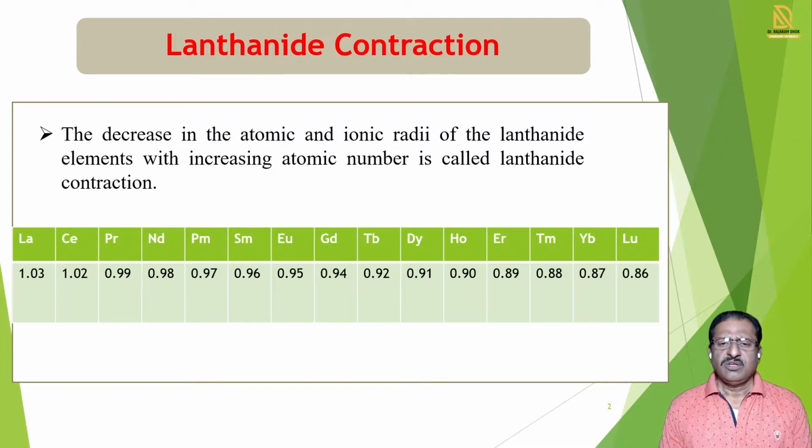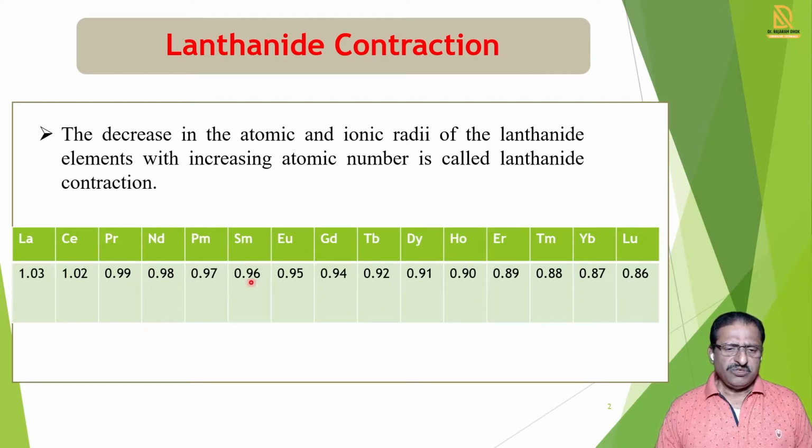From the word contraction, you get an idea that contraction means reduction in size, that may be atomic size or ionic size. Such a reduction is called lanthanide contraction in the lanthanide series.